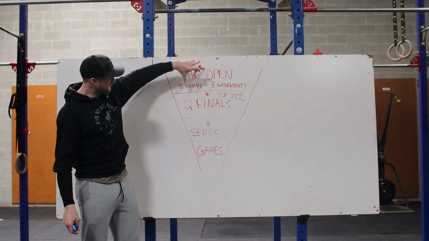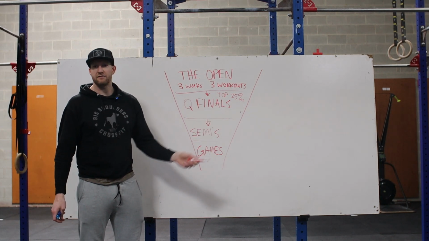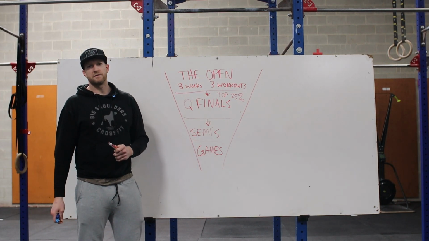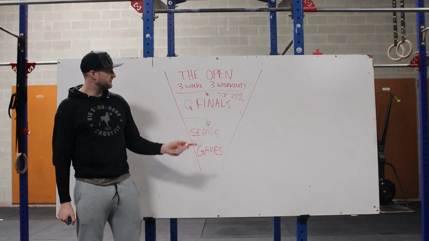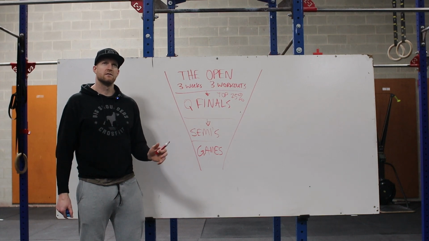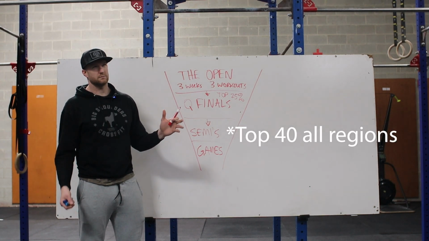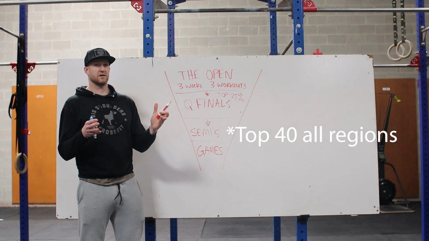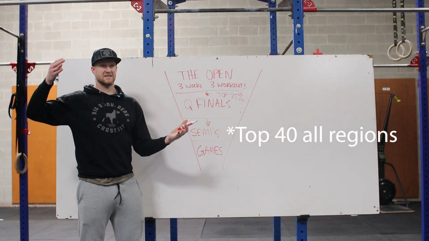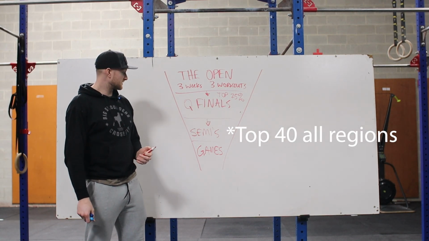So this is the funnel. And then after the Games, you've got the fittest man and woman on earth. So everyone can do the Open. The top 25% advance to quarterfinals. And then out of that, I think it's anywhere from 40 or maybe even some areas it's 20 or 30. So let's say top 30 to some regions get 60 athletes in their semifinals.